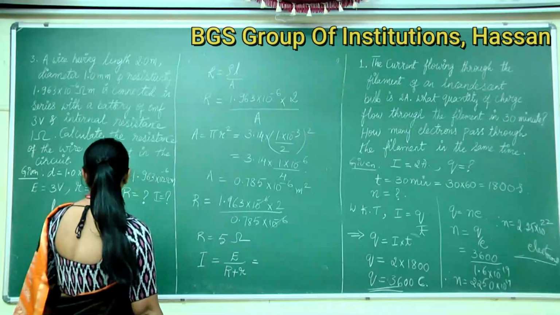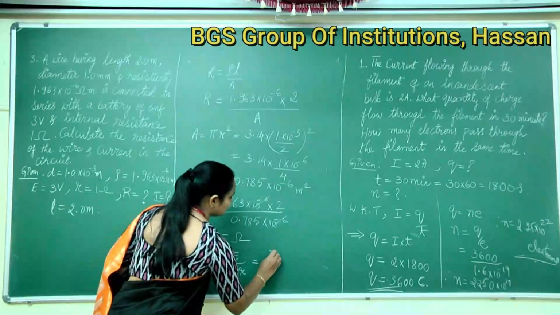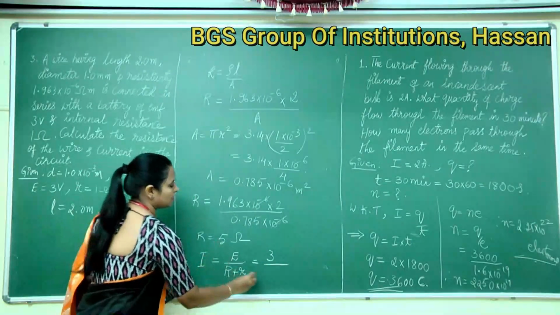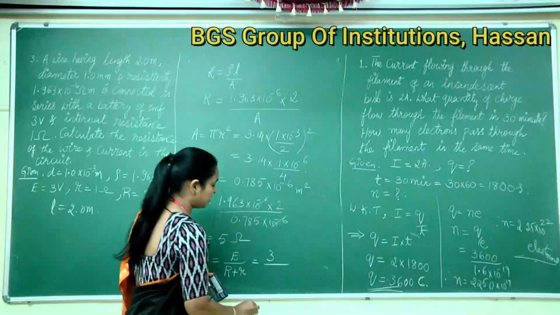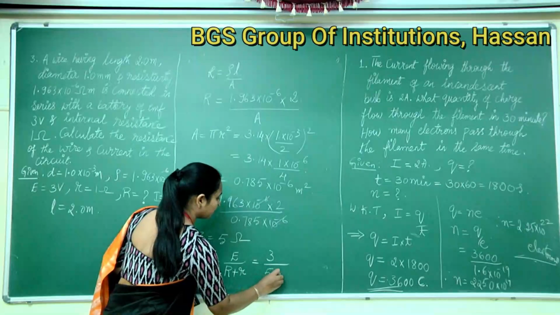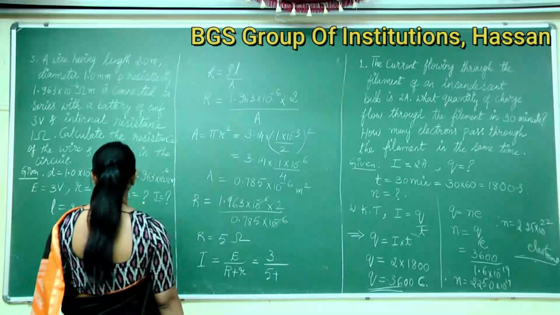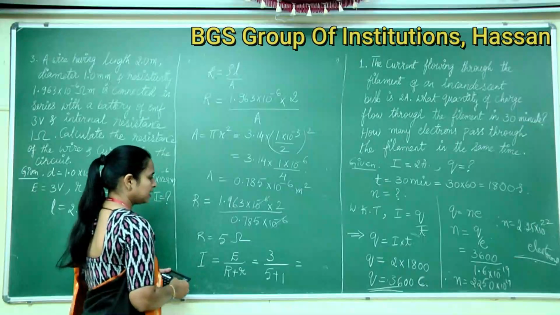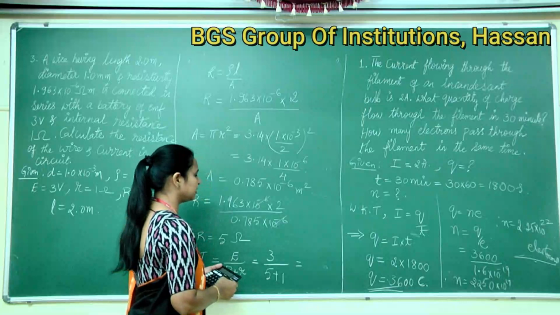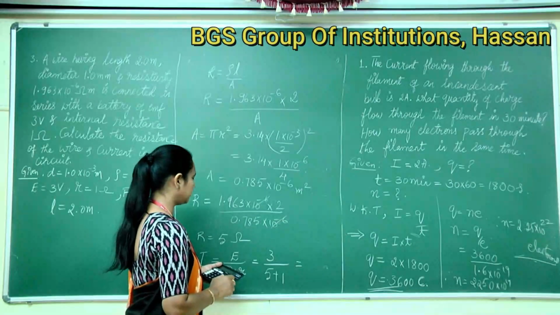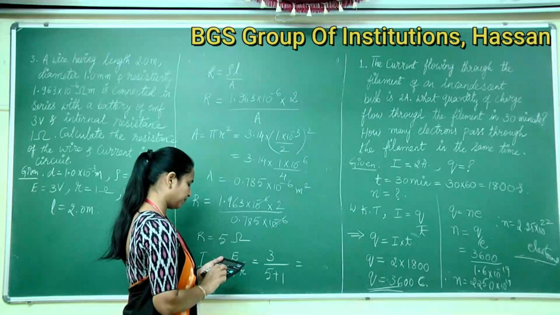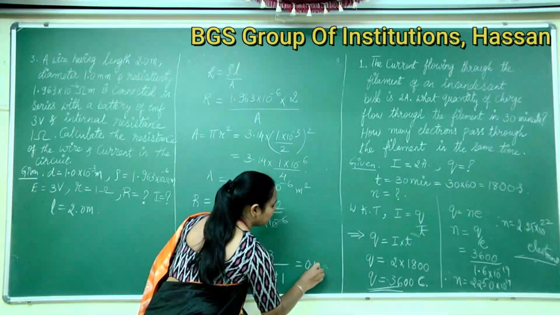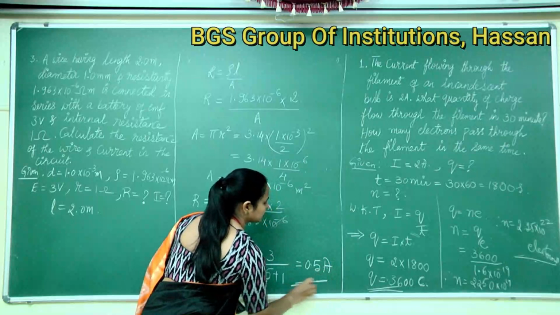They have given the value of EMF, that is 3 volts, and we have calculated the value of external resistance, that is the resistance of wire. It is 5 ohm plus internal resistance is 1 ohm. So now it is 3 by 6, that is 1 by 2, that is 0.5 amps. Therefore it is 0.5 amps.